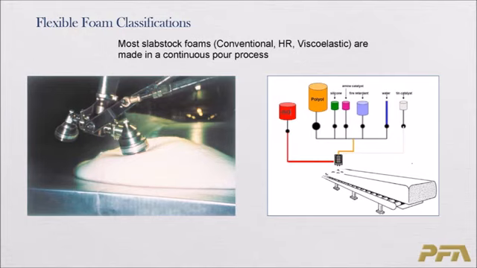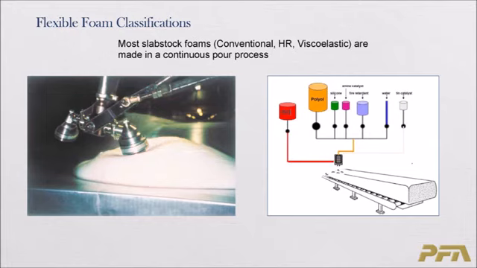You can see you can produce pretty large size buns. Flexible foam is made this way as opposed to most other types of foams because of the large volumes, and in a lot of other systems all these components are often pre-blended. So that's a distinction of slab stock foam production.